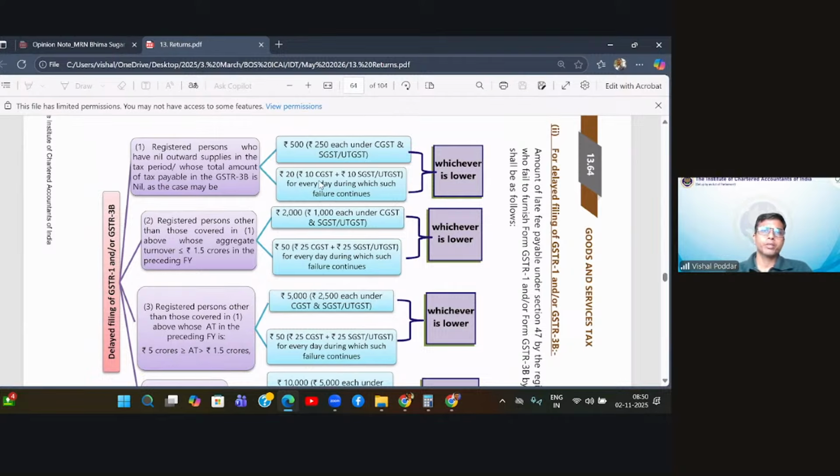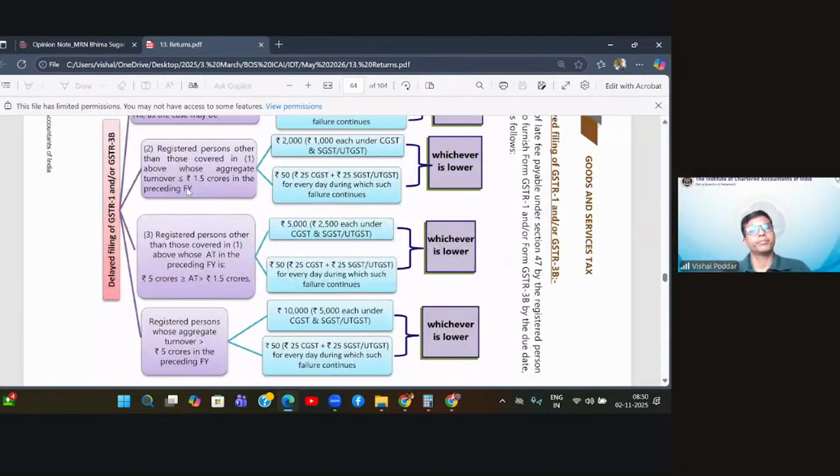So 20 is per day and capping is 500. This is what is important. So now what was there as 200 per day and 10,000 has been reduced to 20 and 500, but the condition is that the total amount of tax payable is nil.